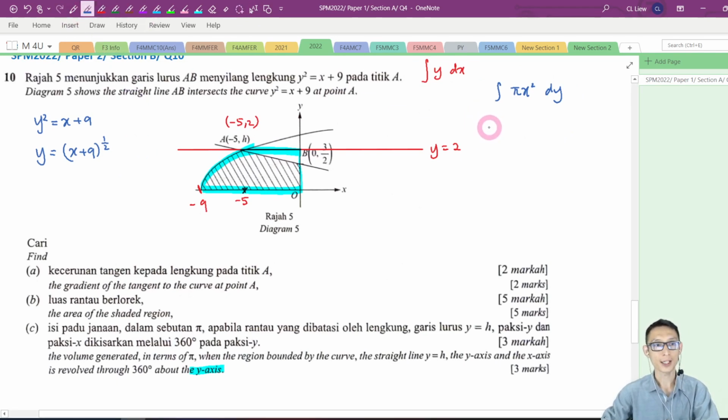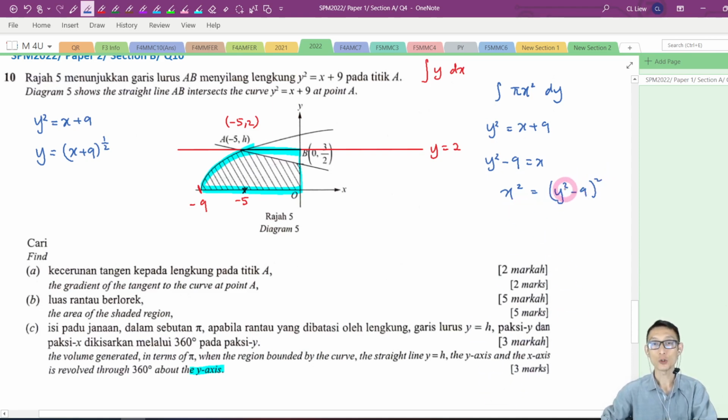So pi x squared, y squared is equal to x plus 9. Let me find x squared first. So y squared minus 9 is equal to x. So from here I know that x squared is equal to y squared minus 9 squared, right?